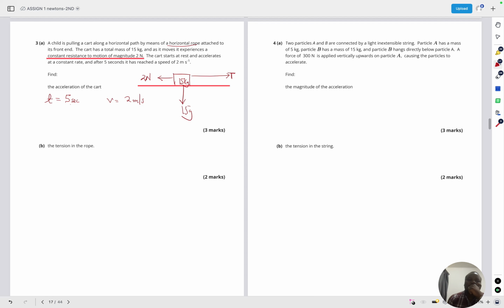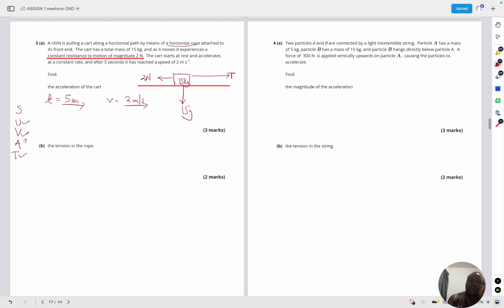Now we've got time given, we do have the velocity given, and they're asking us to find the acceleration. So if we go onto our SUVAT, we need to check what we have. We have the velocity, the initial velocity, and the time.